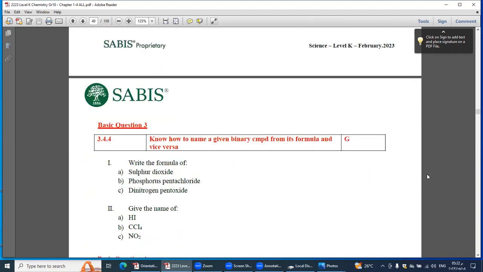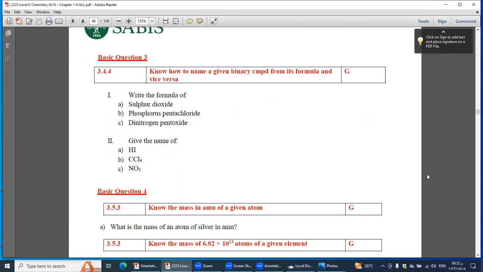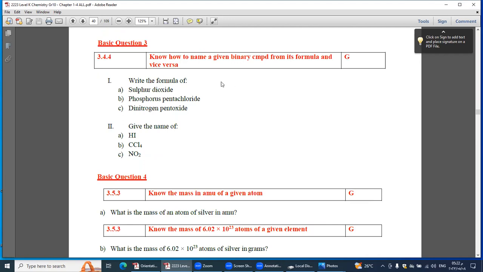After that, write the formula of sulfur dioxide. Sulfur, oxide refers to oxygen.